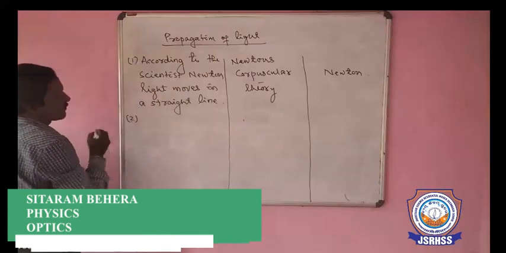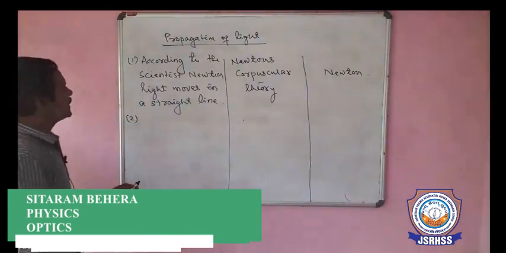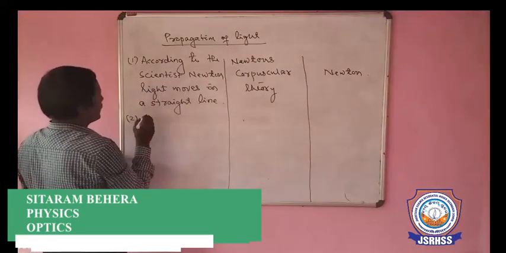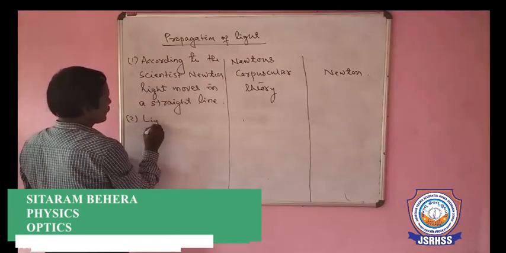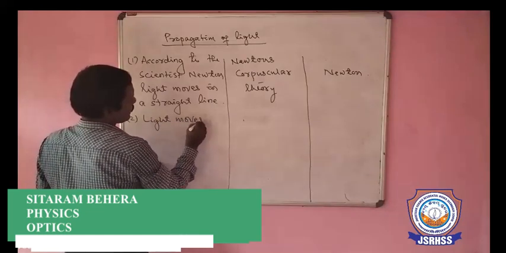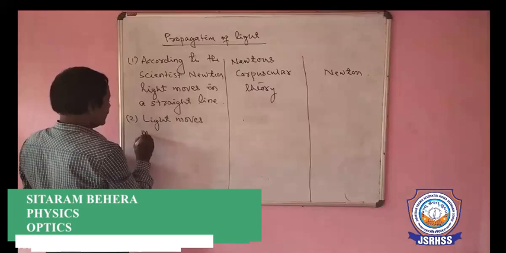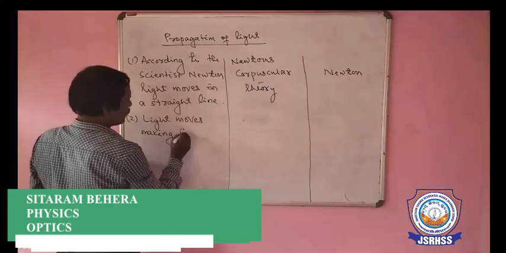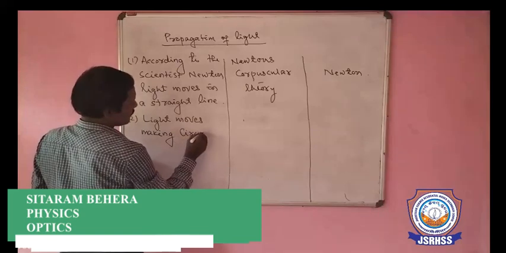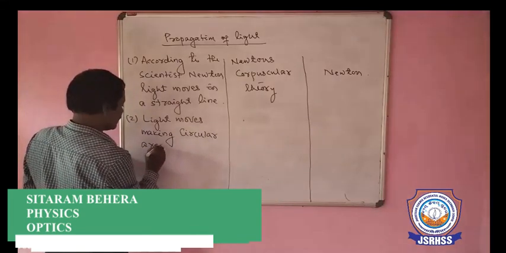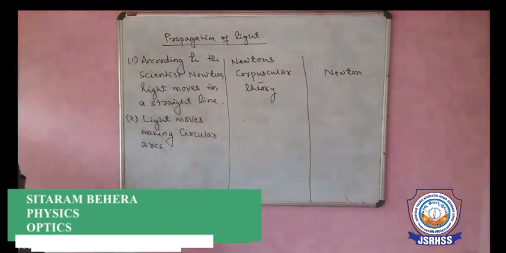Second one, we know that light is a wave. Light moves making circular arcs.